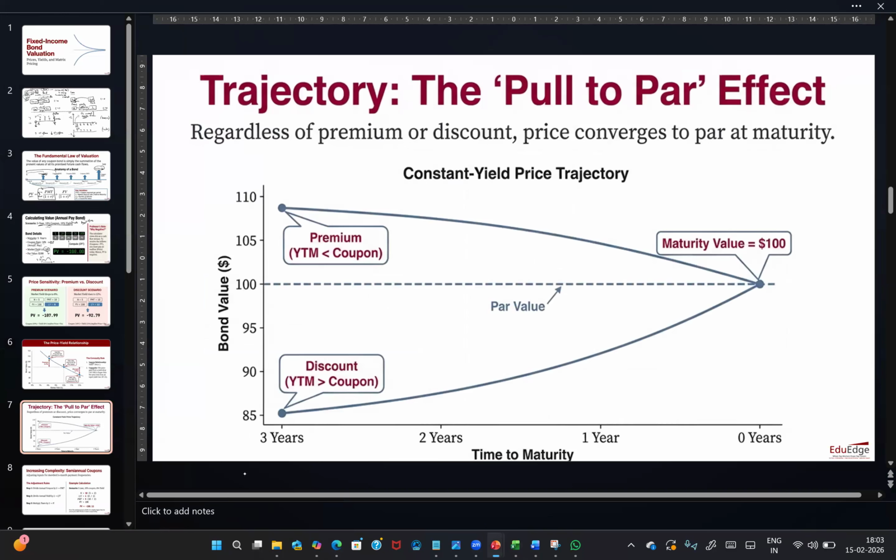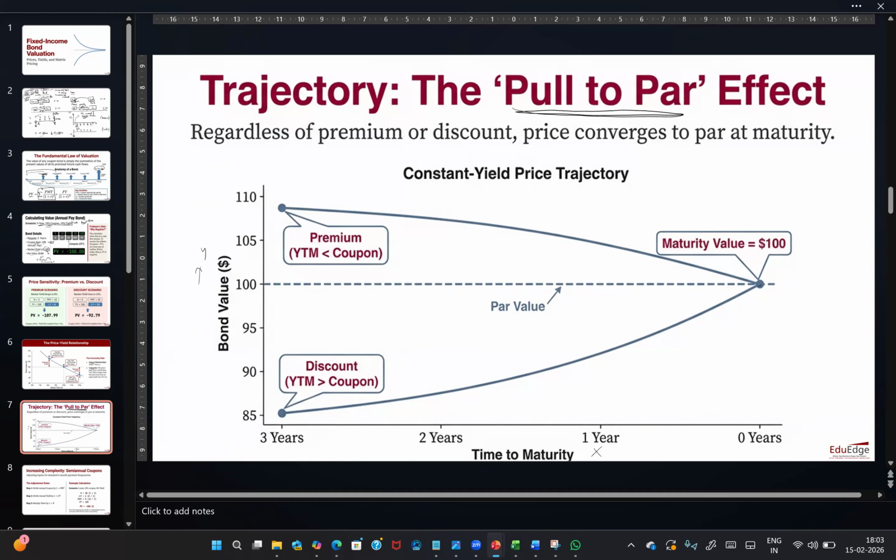There is something called a pull to par effect. What does that mean? It means that as soon as the bond reaches maturity, so on this graph, bond price is on your y axis and the time to maturity is on your x axis.